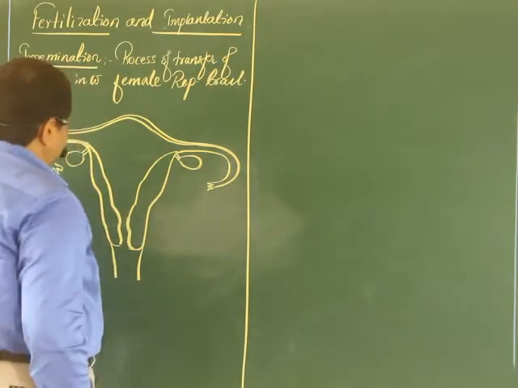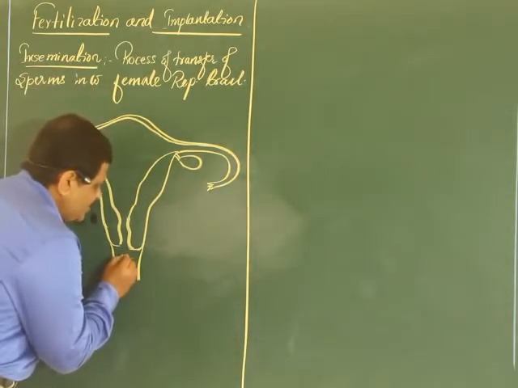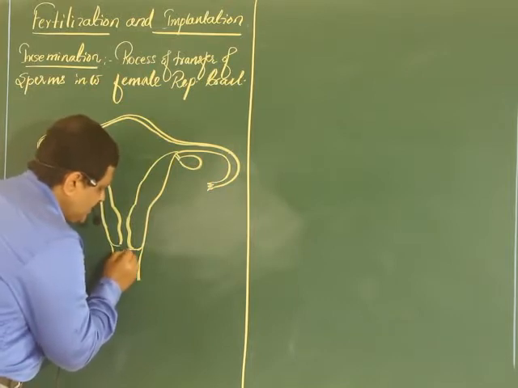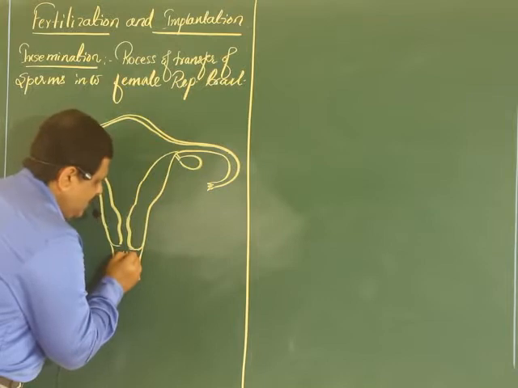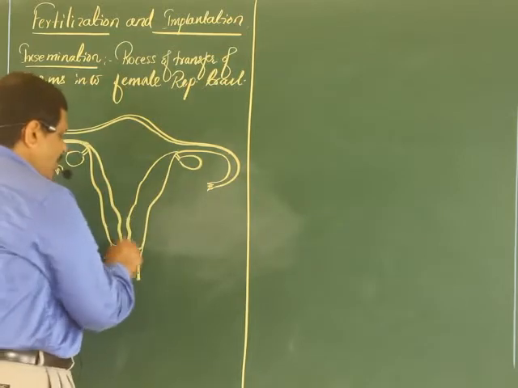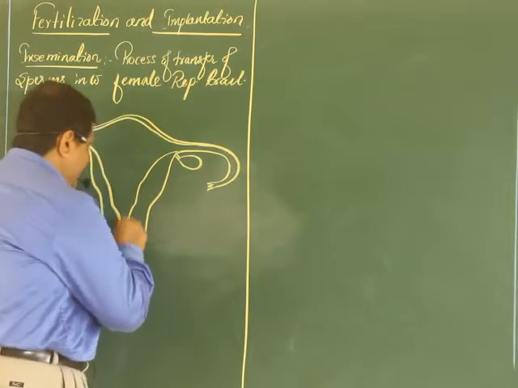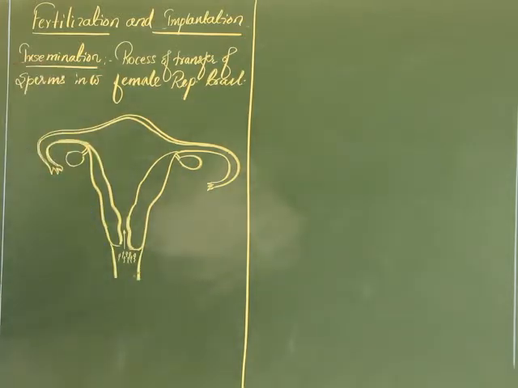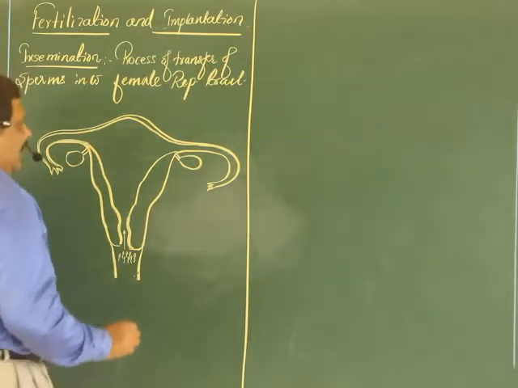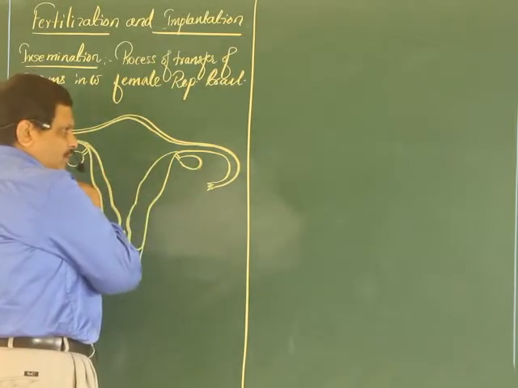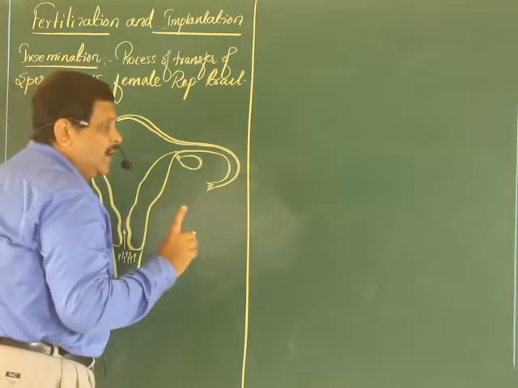During fertilization, the sperms which are released into the vagina through the penis start moving in an upward direction like this. That is called insemination. And either the right or left ovary, any one ovary, will release the egg.